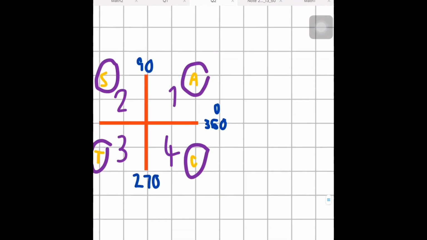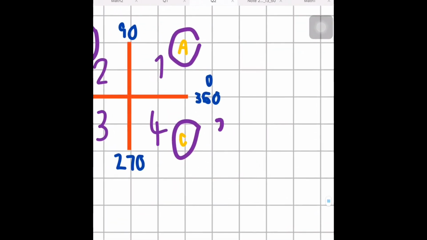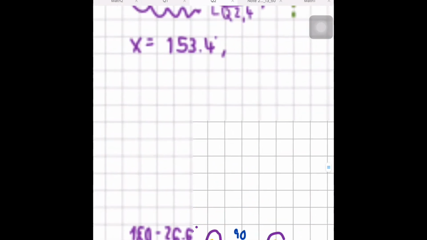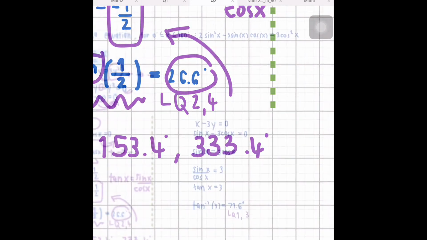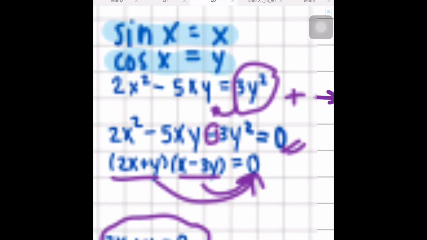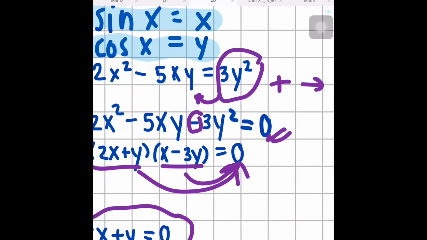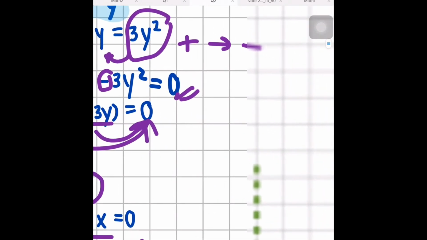And for quadrant 4, we will minus 360 with 26.6, and the answer is 333.4. For the next one, we'll use the x minus 3y equal to 0 equation.